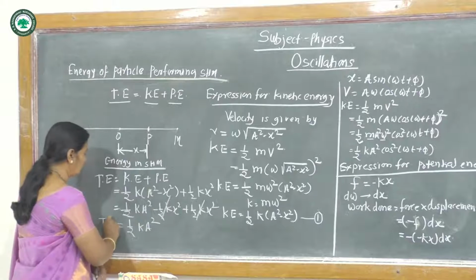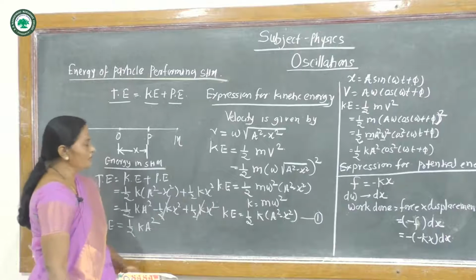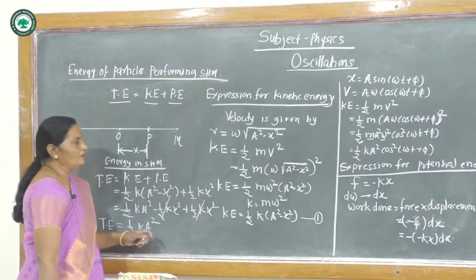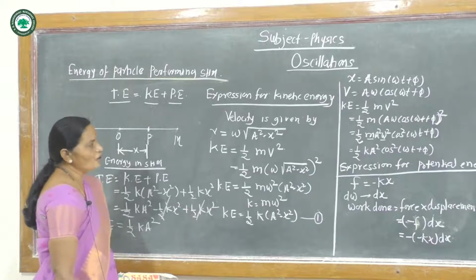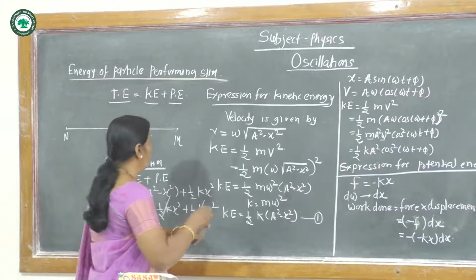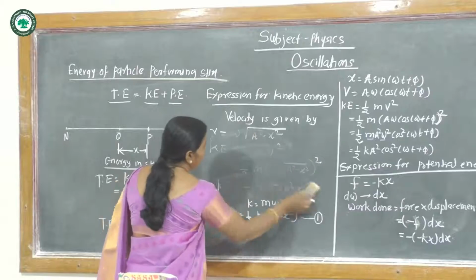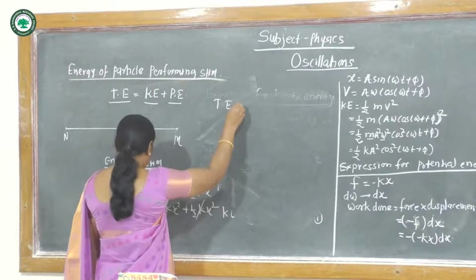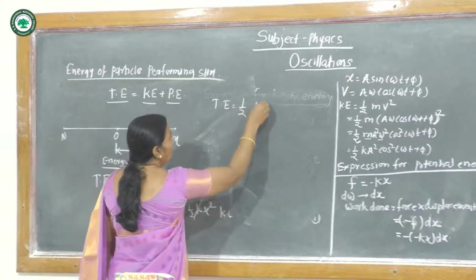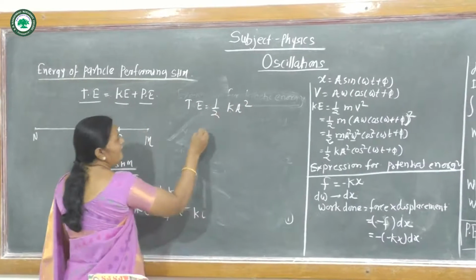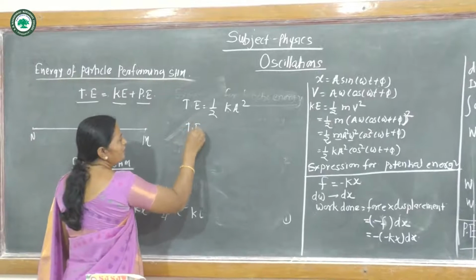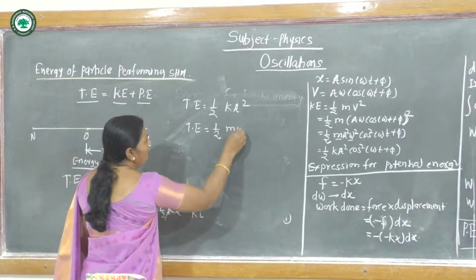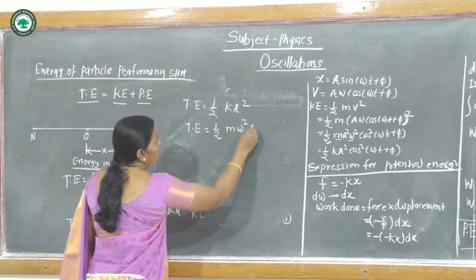That is, total energy is equal to 1/2 k a square. Now substituting the value of k, total energy is equal to 1/2 m omega square a square.